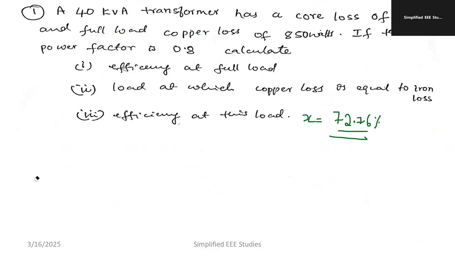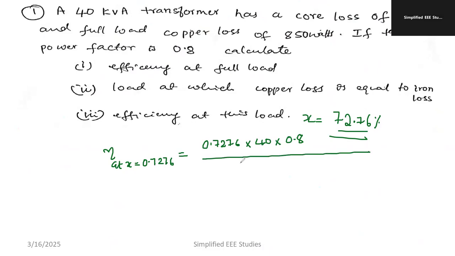Again, please write down the formula. The formula is eta at X equal to 0.7276. That means X into kVA, which is 40, into cos phi, the power factor, that is 0.8, whole divided by the same term, 0.7276 into 40 into 0.8, plus Wi.